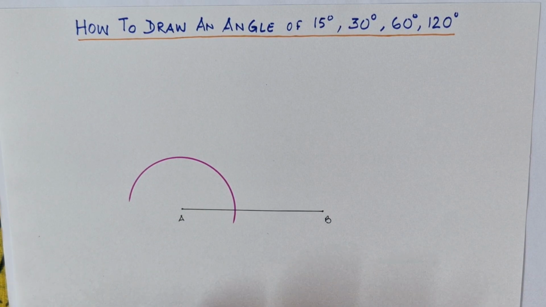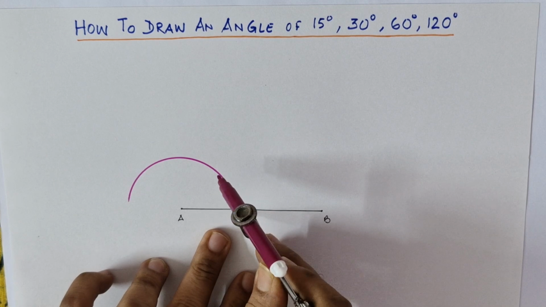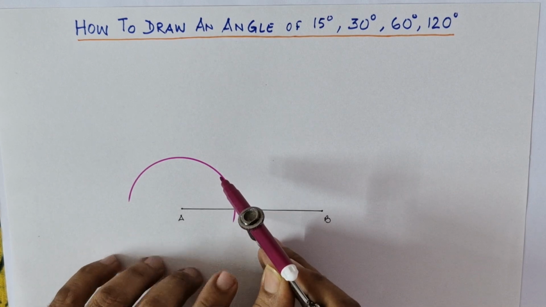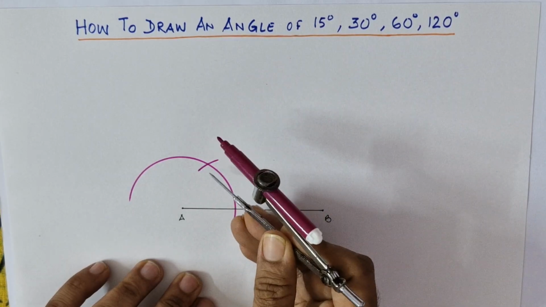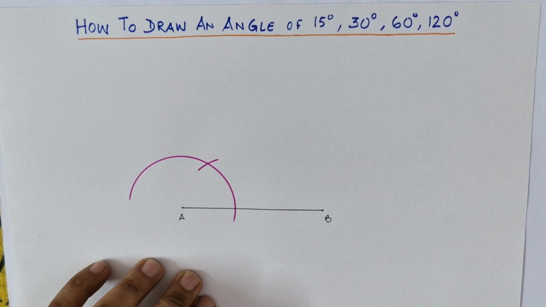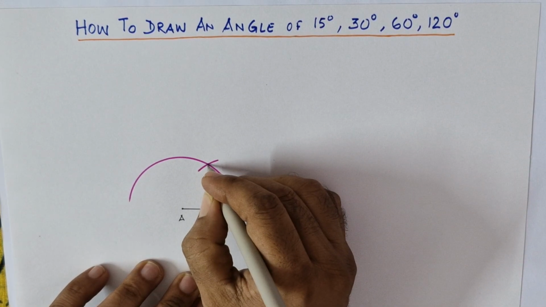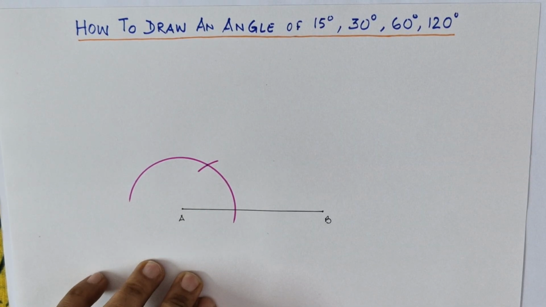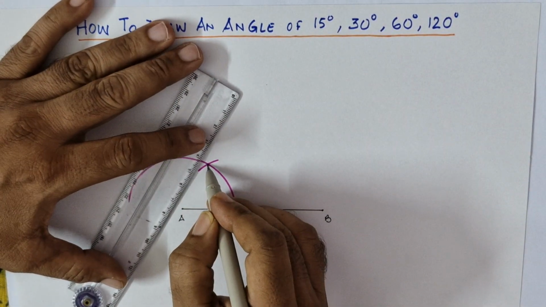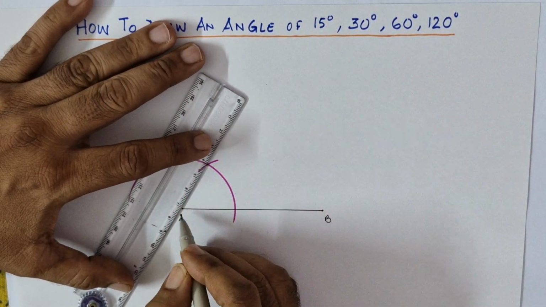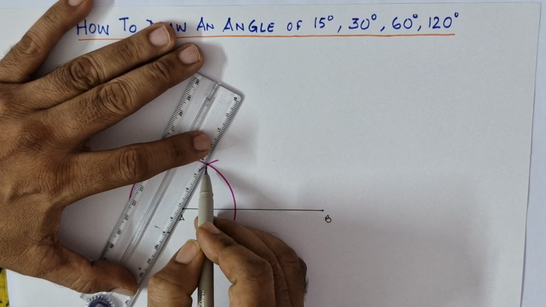So taking the intersection point as the center and without changing the radius of the compass, cut the arc. See here. So we'll mark this point and let's join it. So we'll mark this point and this point and we'll join it.